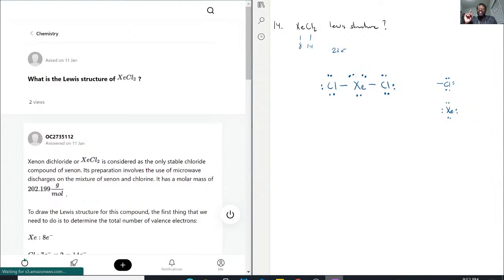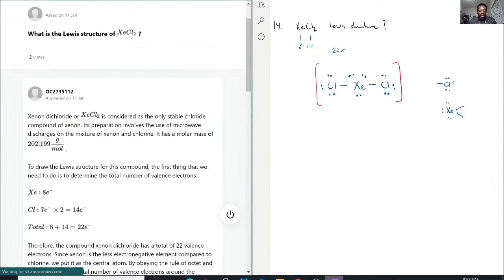The cool thing is that when you turn a lone pair into 2 bonds, you keep the same formal charge. So I can do this. So now I can say xenon can have 2 bonds and 3 lone pairs for it to have a formal charge of 0, which is what it's doing here, which is why this would be the best structure for xenon dichloride. This is indeed the lowest structure for it.